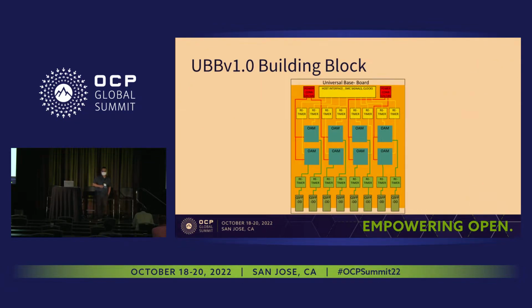The picture shown here is from the UBB spec, and you can see the block diagram here. The blue parts are the 8 OAMs, and you can see the lines between them. The red line means the power, and there are high speed links between the OAM and the host, and to the QSFP-DD.